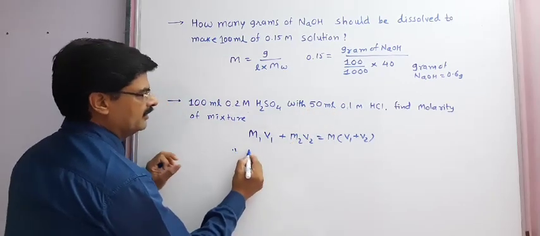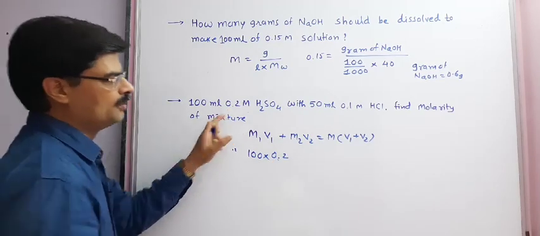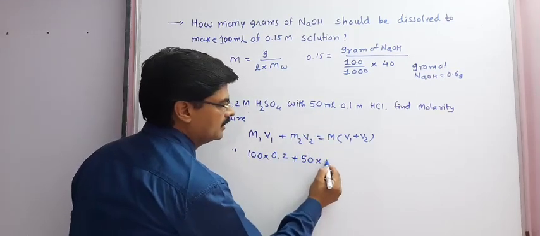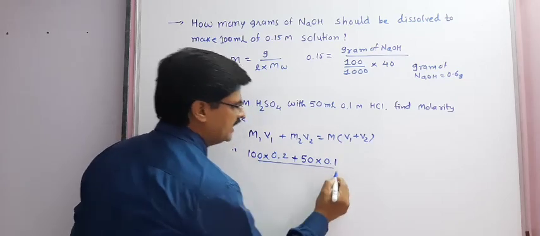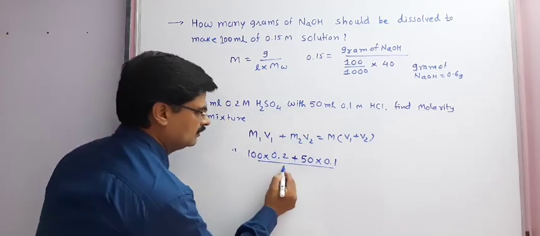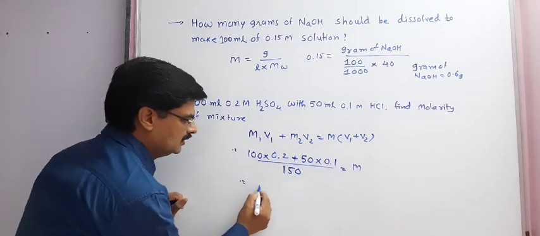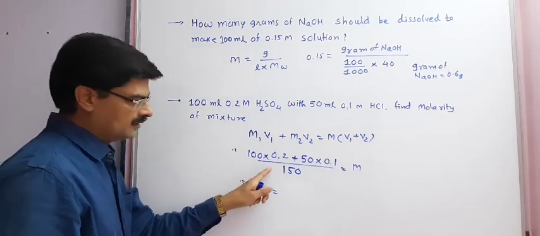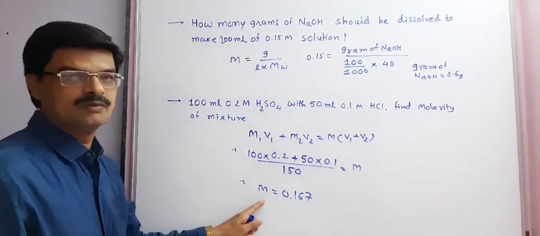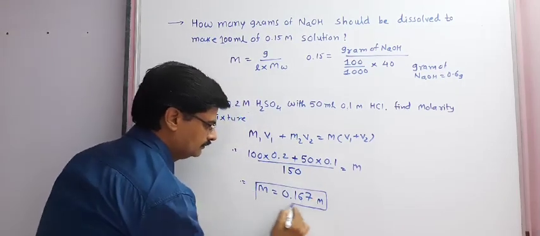So we get 100 ml into 0.2 plus 50 ml into 0.1 divided by V1 plus V2, 100 ml and 50 ml, 150 ml, is equal to molarity. On solving this, we will get 0.167 molar. Molarity is equal to 0.16 molar, capital M.